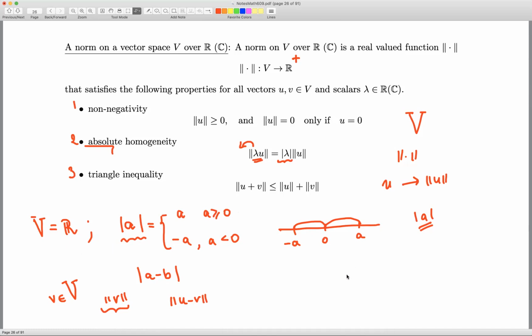Well, it is easy to check. The absolute value of every number is bigger than or equal to 0, as we know, and the absolute value of a number is 0 only if this number is 0. So the first condition is satisfied. The second condition: the absolute value of a number times lambda.